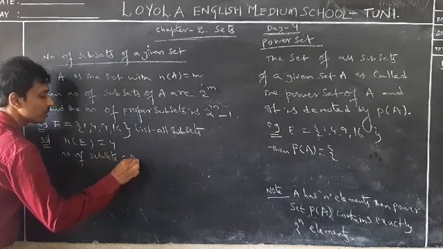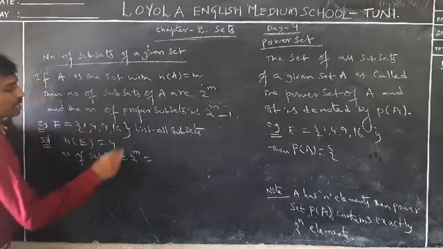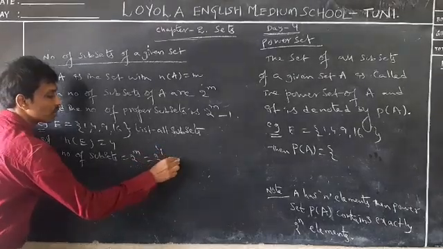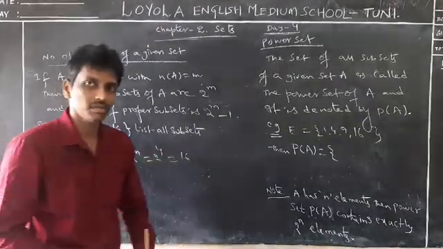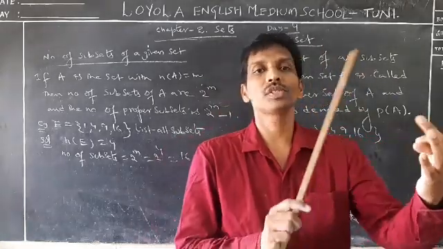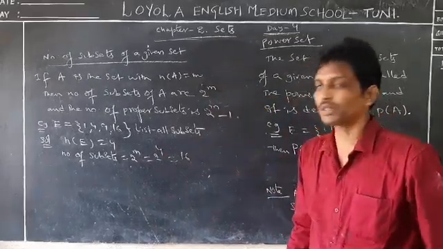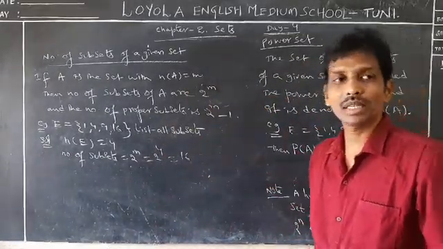Number of subsets is 2 power m, where m means number of elements. That is 2 power 4, which is 16. 2 power 4 means 2 2s are 4, 4 2s are 8, 8 2s are 16. So totally 16 subsets we may get for the given set.